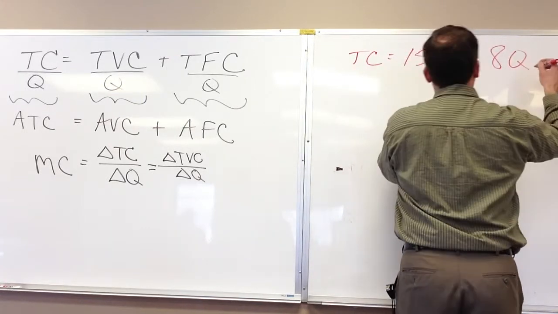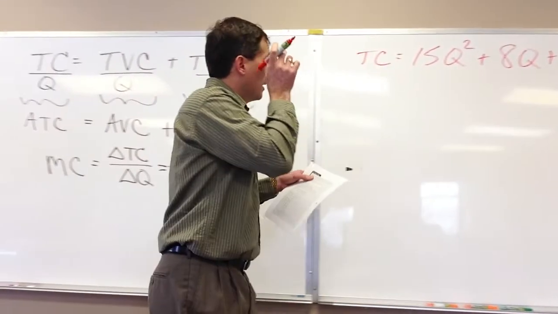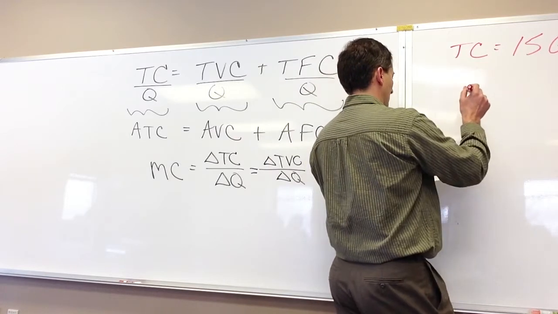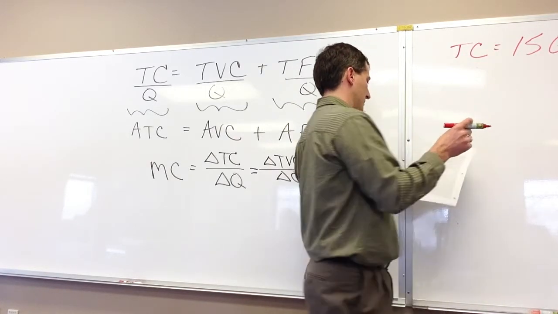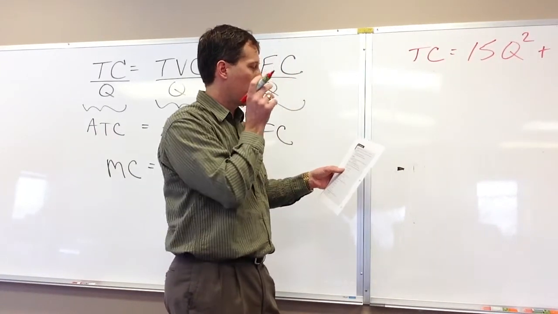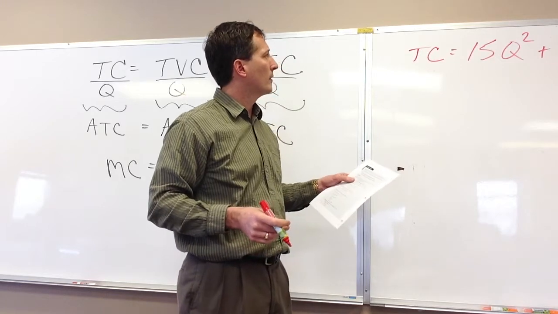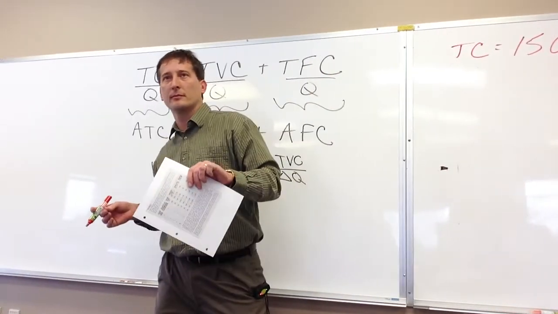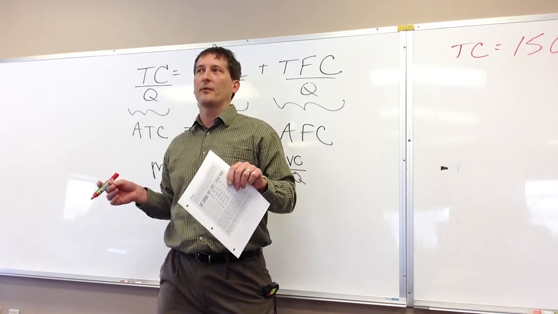Squared plus 8q plus 45. So what did you do for fixed costs? $45.